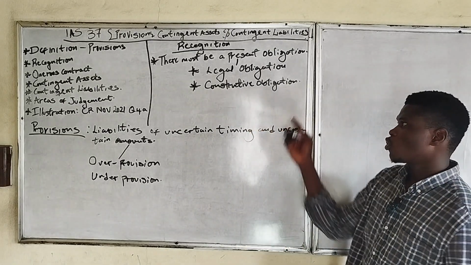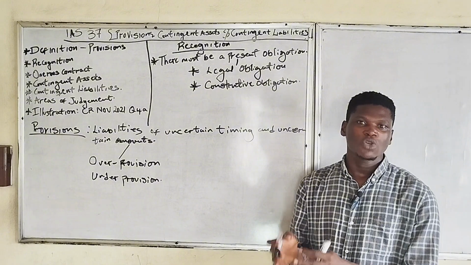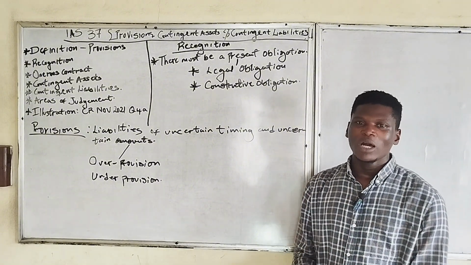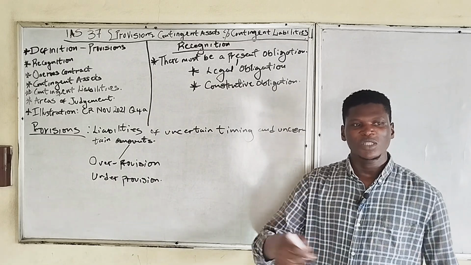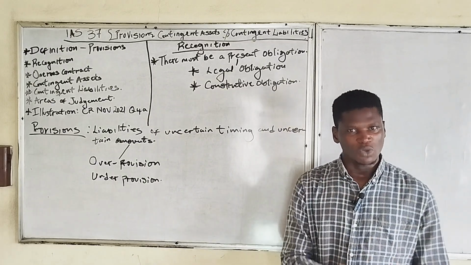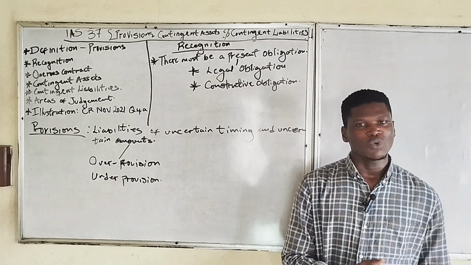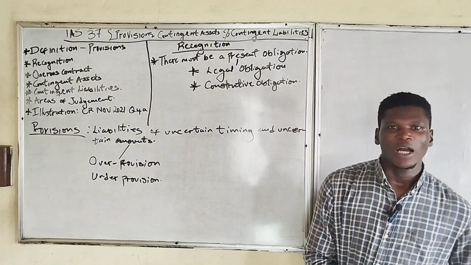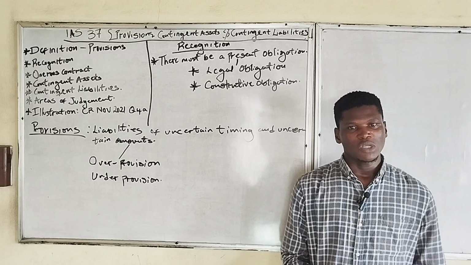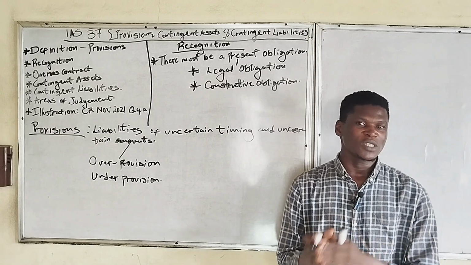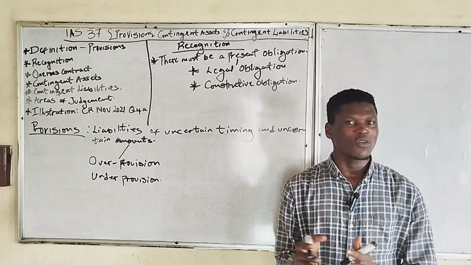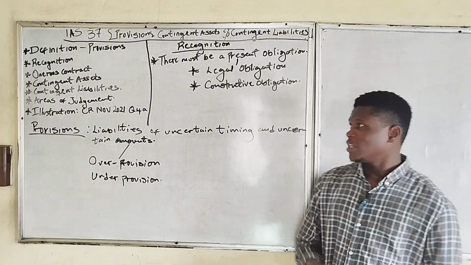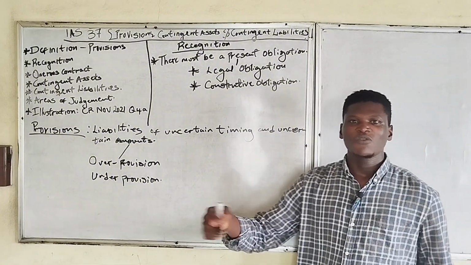While constructive obligation arises as a result of past history of an entity. So when you have a consistent occurrence of a loss, for example, in an entity, then you can make a constructive obligation. For example, if I'm into trading and every year, out of my inventory, I used to have at least 20% damages from past records, I can now begin to make a constructive obligation for this.